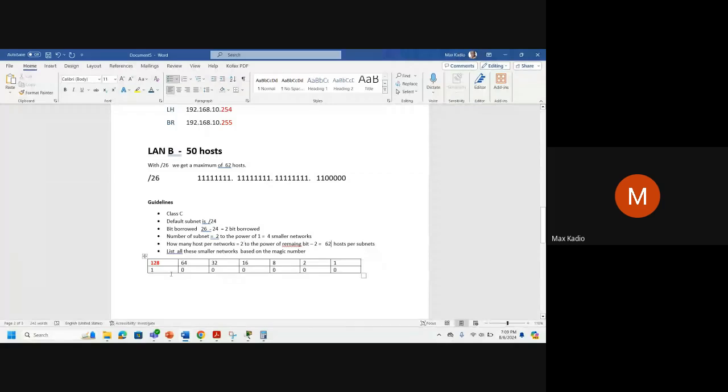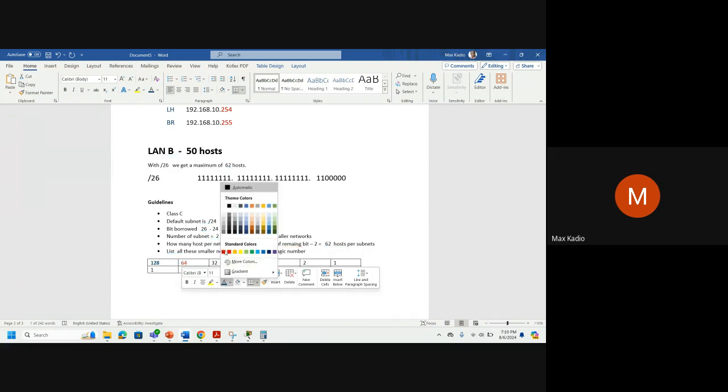Now to find the magic number to list, we took 2 here, so we put it here. And you can see that this time our magic number, the last one, is usually 64. It means all the networks will be 64 plus 64 plus 64.